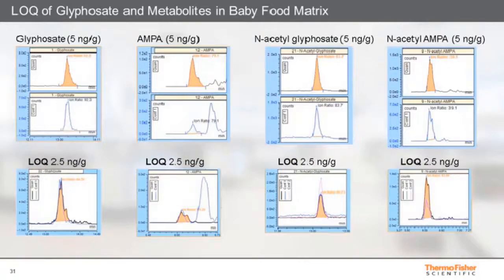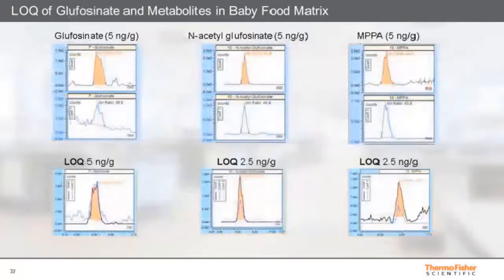The next 3 slides show the extracted ion chromatograms for anionic pesticides at low concentrations in a baby food matrix. Firstly, glyphosate and metabolites. This shows the extracted ion chromatograms at 5 nanogram per gram, and also the LOQ, limit of quantification, at 2.5 nanogram per gram.